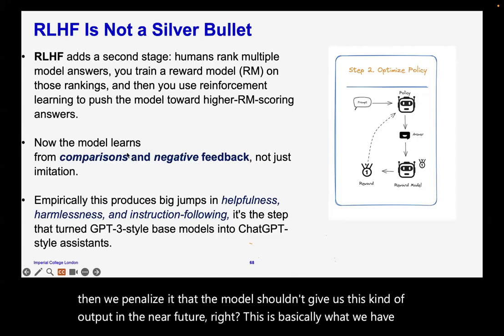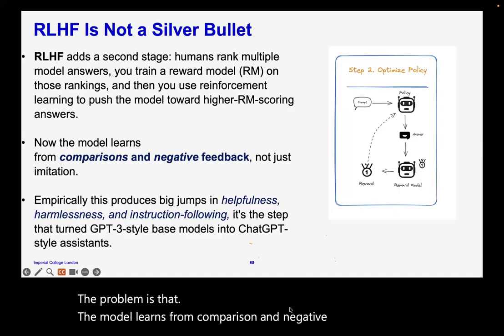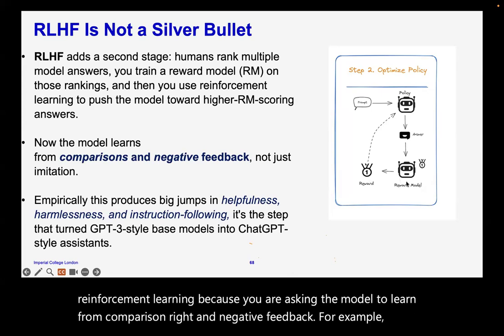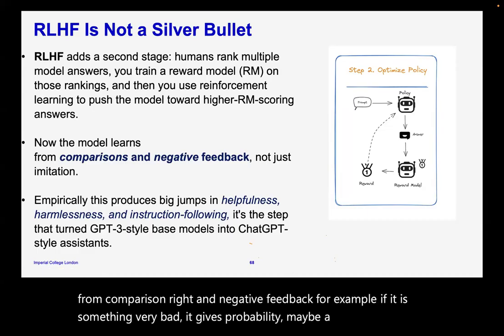So now the problem is that the model learns from comparison and negative feedback. In reinforcement learning, you are asking the model to learn from comparison and negative feedback. For example, if something is very bad, its probability is pushed very low, and the model learns from it.